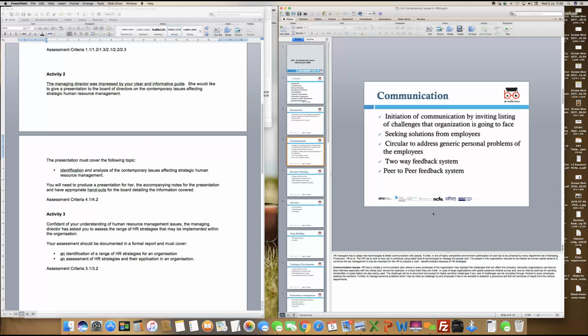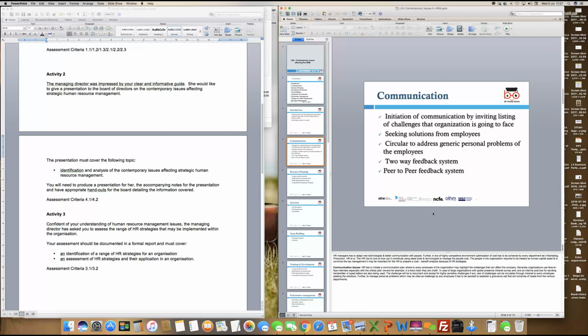So communication in most cases is classed as a contemporary issue, because this is the root, the main place from which most misunderstandings and conflicts in the organization start.